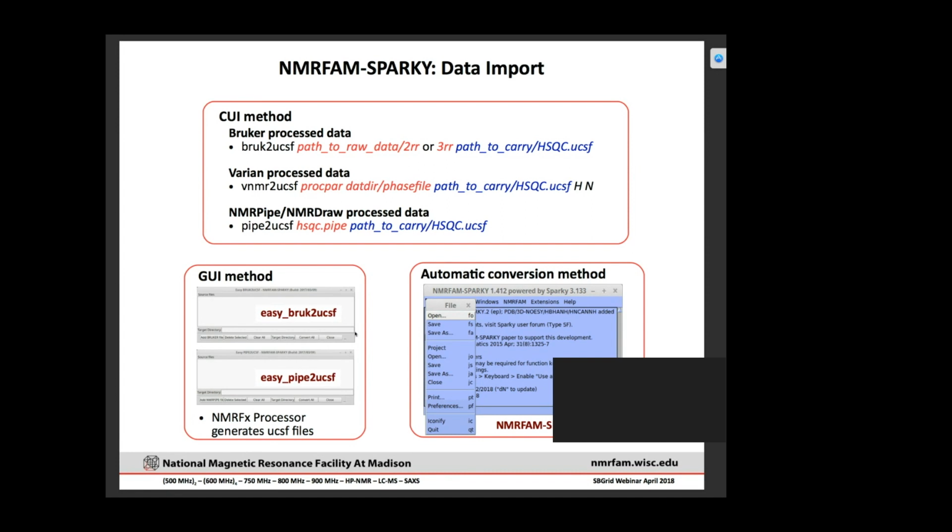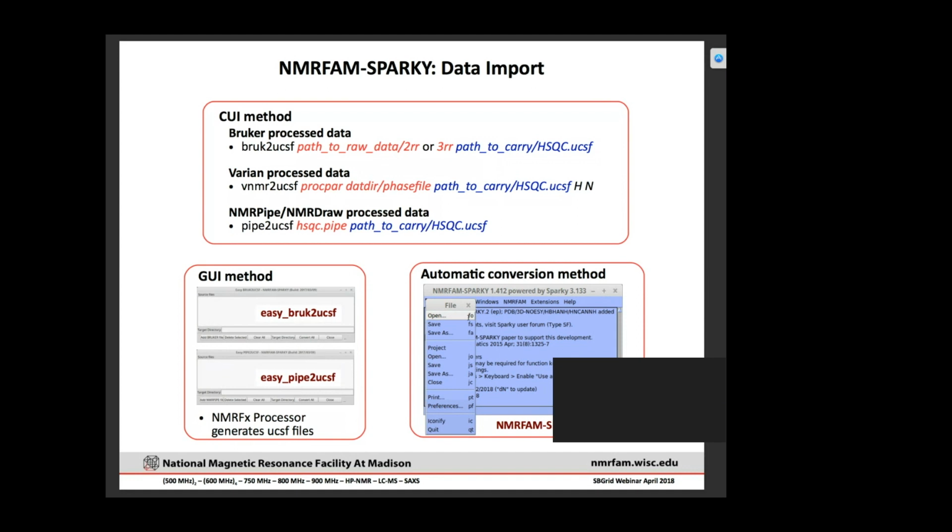And the other feature in NMRFAM-Sparky is that actually you don't really need to use these methods. You can just open the file, and it will automatically generate the UCSF file in the same directory that you selected to open. So let's say you open a ft file in the ser directory using file open, FO, then it will open that file.